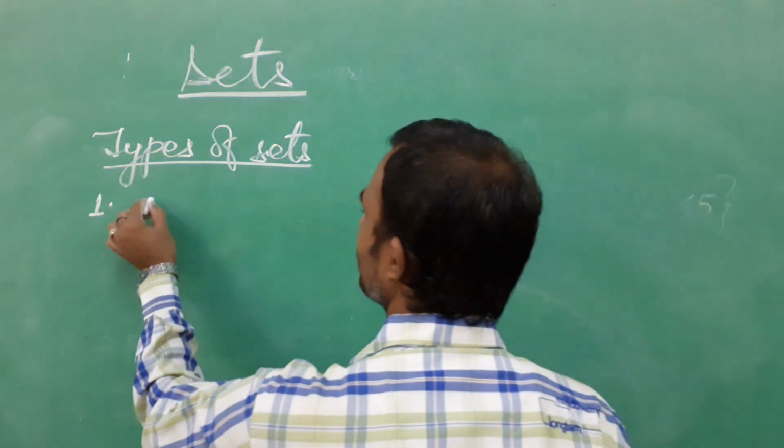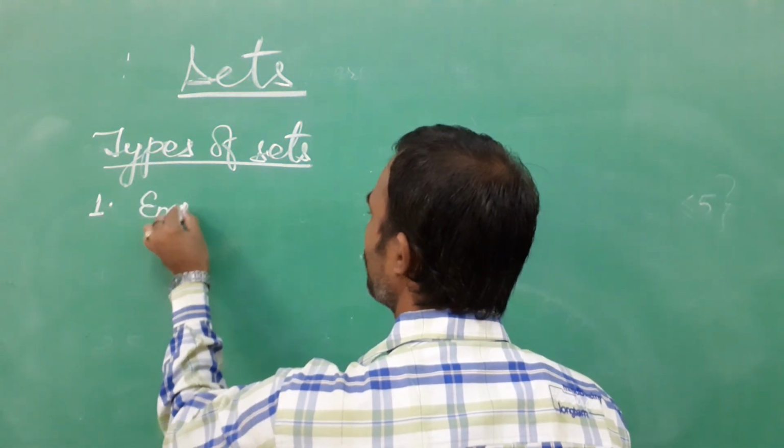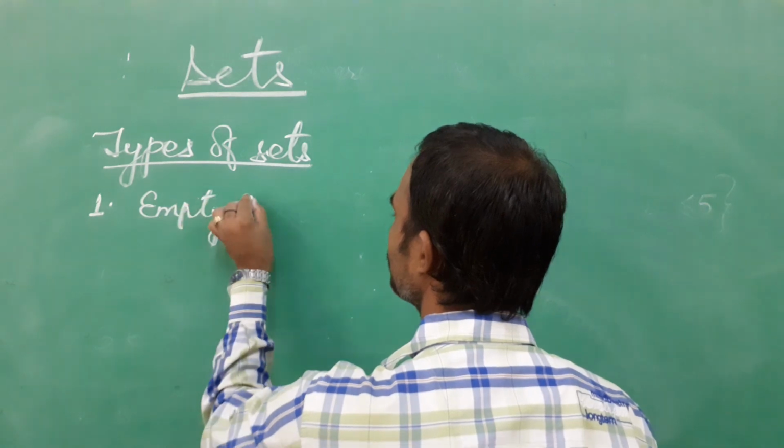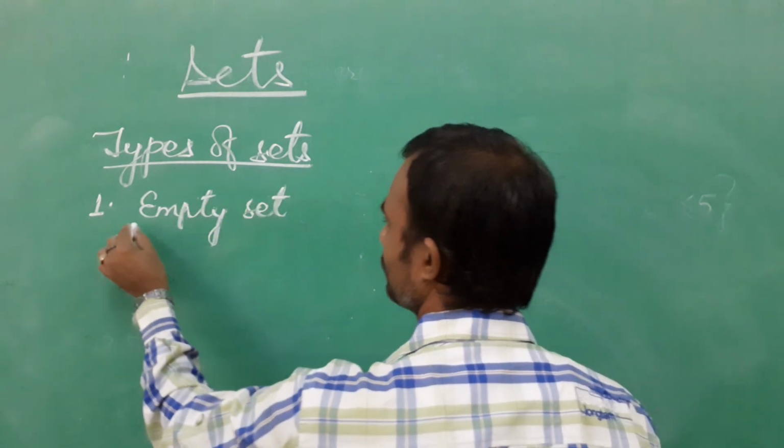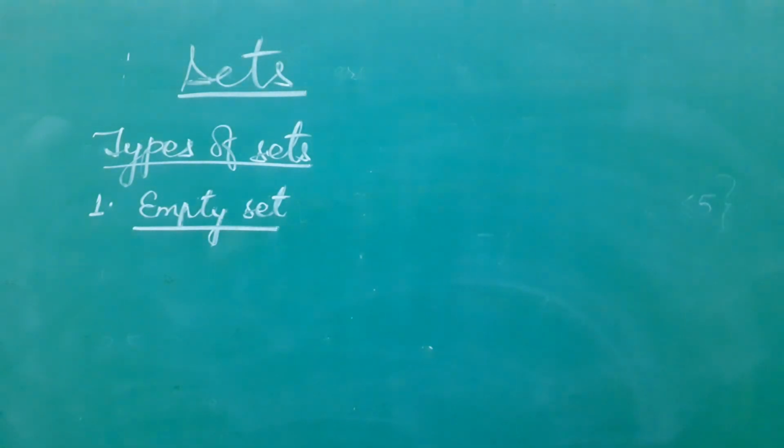The first one is the empty set. An empty set has 0 elements. It is a set which does not contain any element. Then why is it called a set?